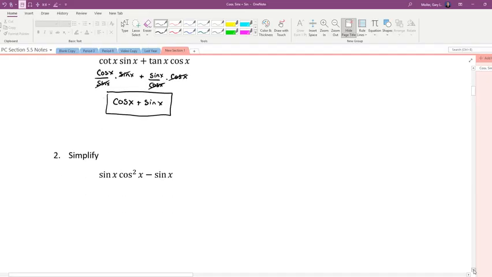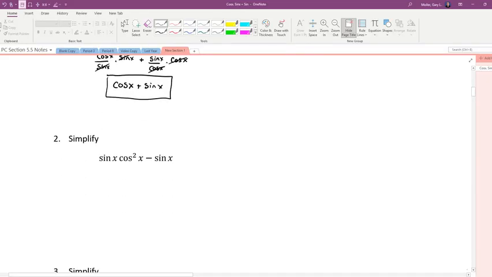Number 2, I'm looking at this, couple options. I could turn cosine squared into 1 minus sine squared or something like that, but I think the easier thing to do is just to factor sine out and see where that takes us. So I have a sine of x in both terms, so let's factor that out. Leaves me with cosine squared x minus 1.